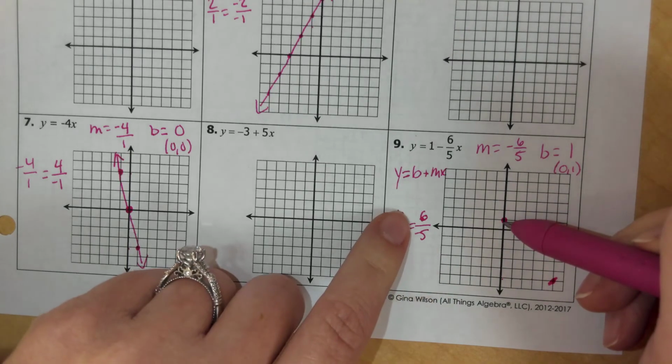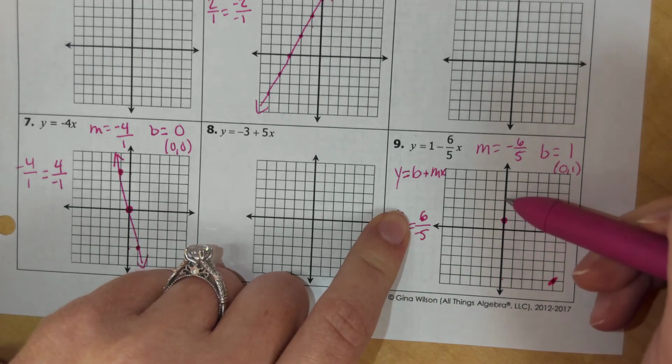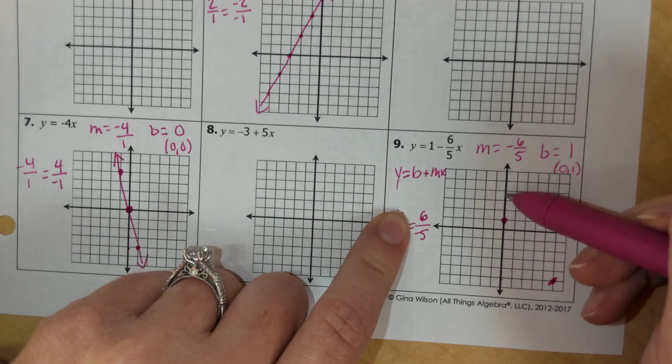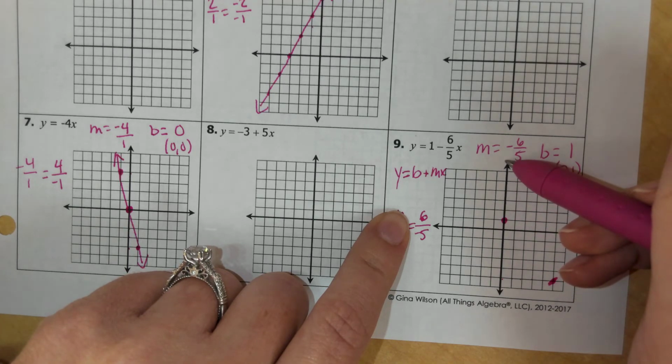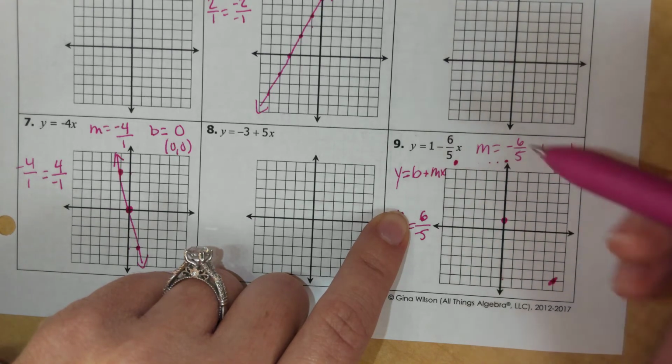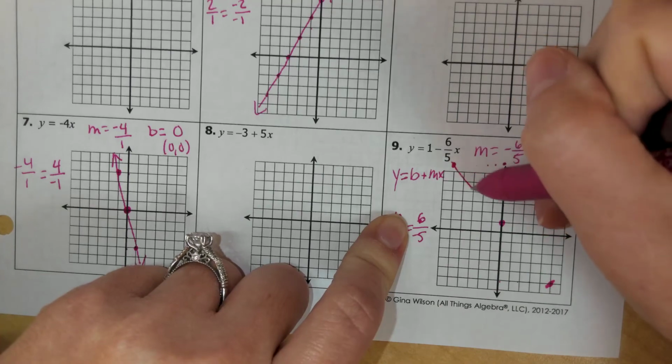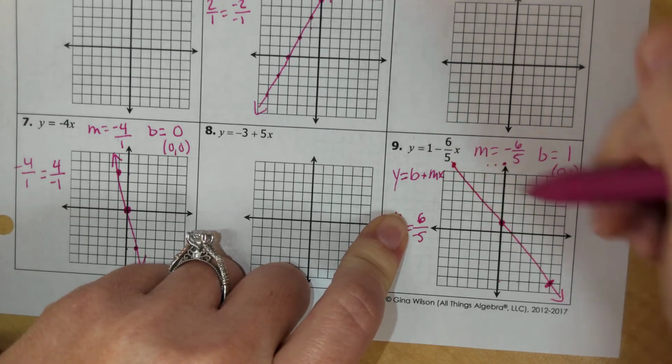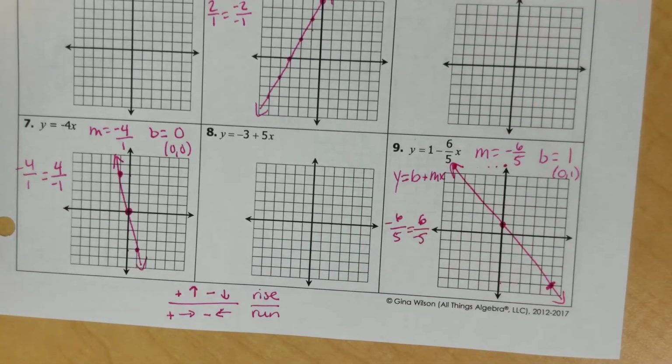Then I need to go backwards, so I'm going to go up 6, and I'm already off the grid, and then I'm going to go to the left 5, just so I have an idea of where to make this line. And I'm going to go ahead and connect it and put in my arrows.